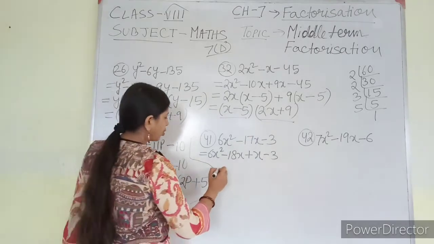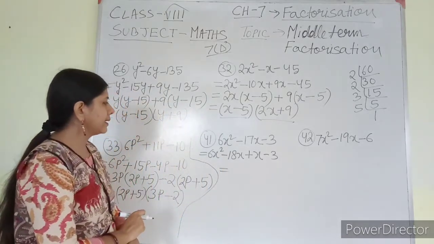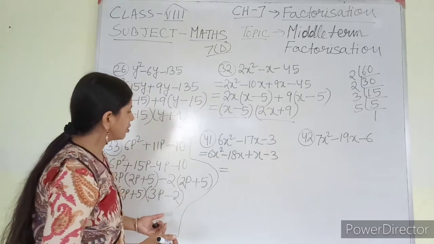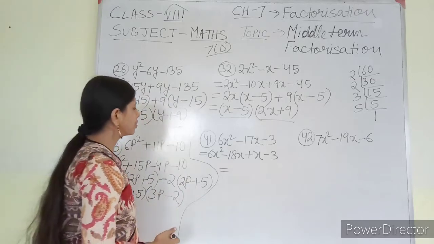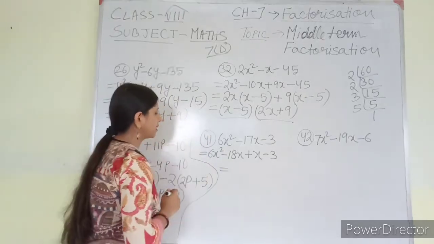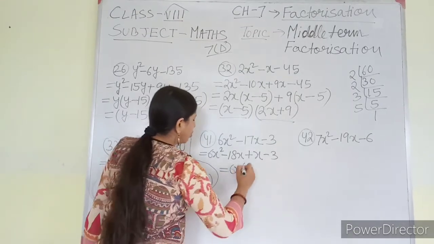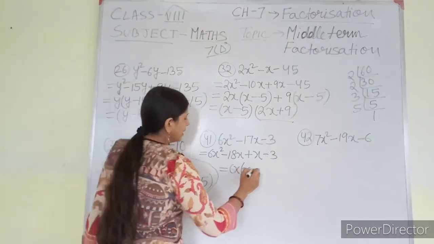Now start taking common. Out of 6 and 18, I can take 6 common, because 6 is a factor of 18. So 6 common, x common. What is left here? Only one x is left.